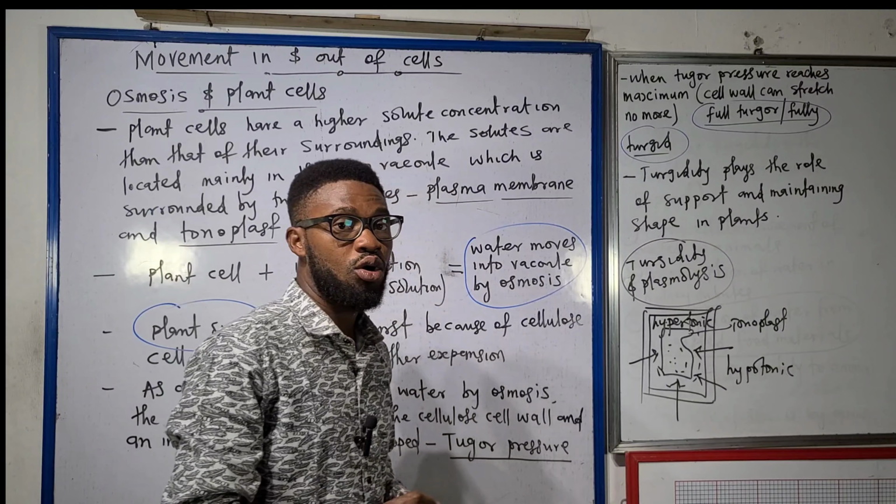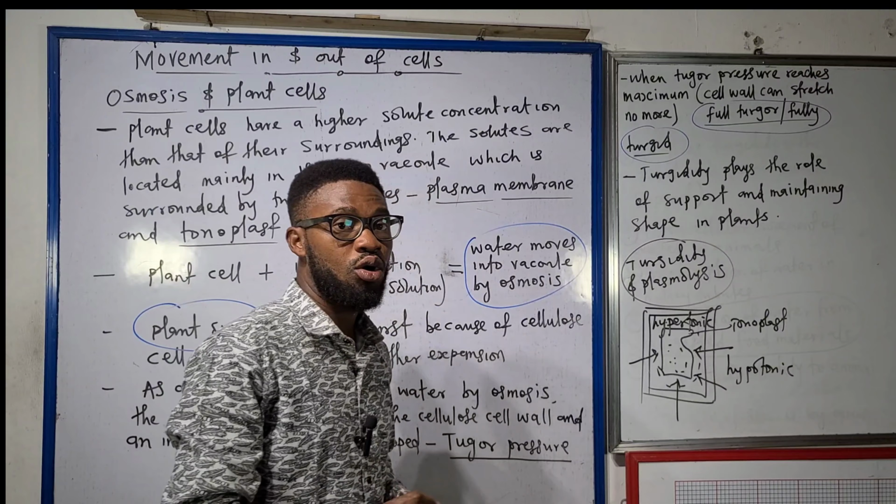So according to osmosis, water will move from a hypotonic solution to a hypertonic solution. In this regard, we expect water to move into the plant cell, especially to the cell sap, the vacuole at the center.